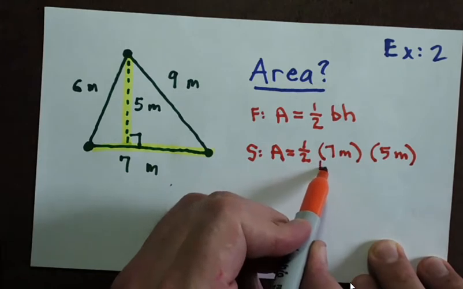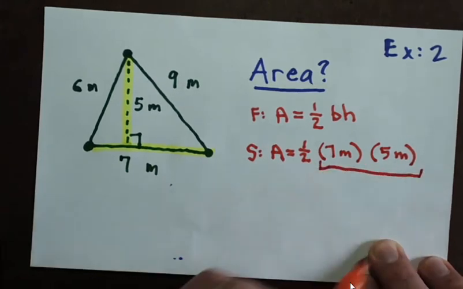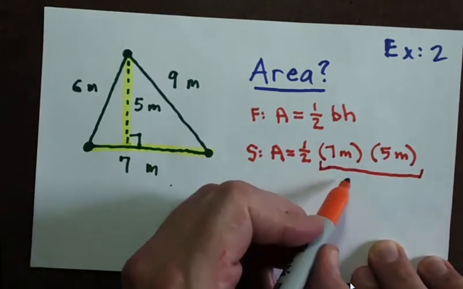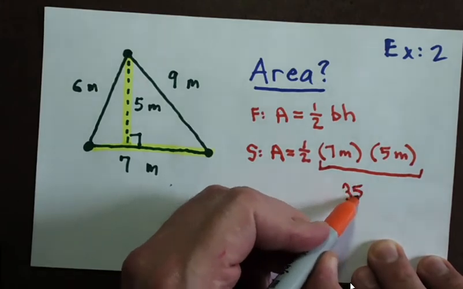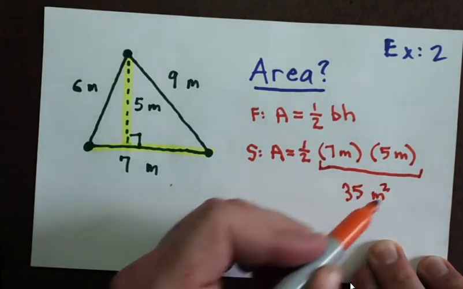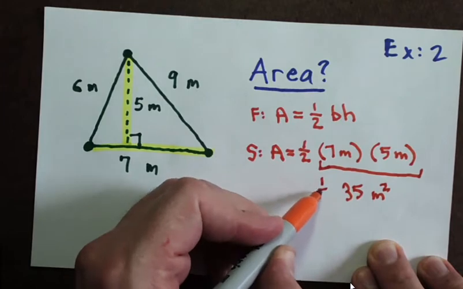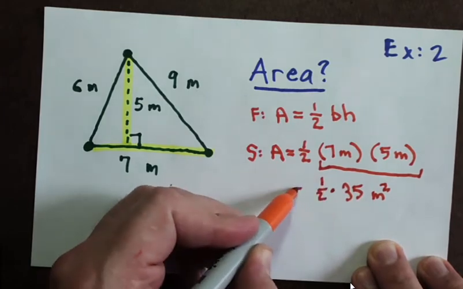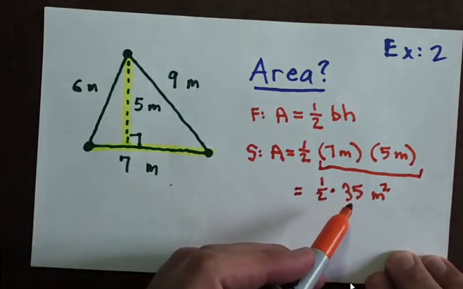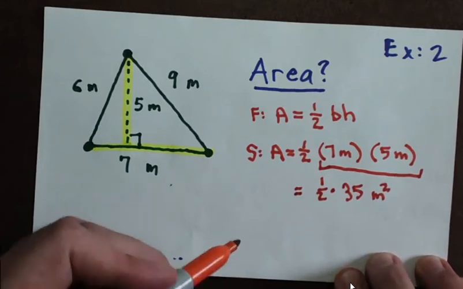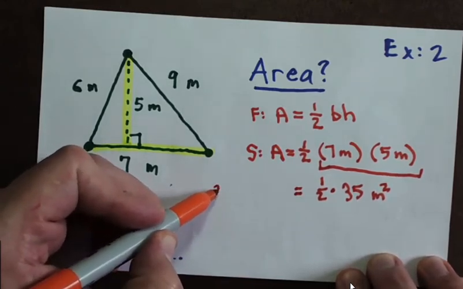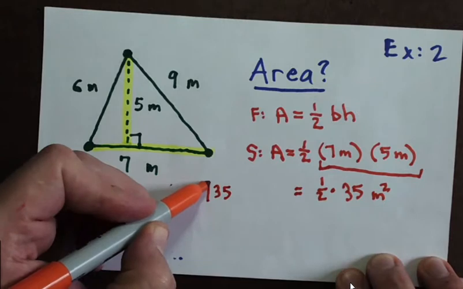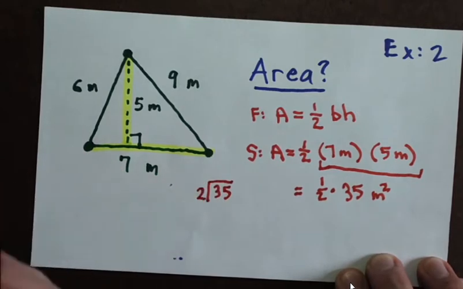Now we're going to solve. So we're going to start with that. 7 meters times 5 meters is 35 meters squared. Bring down the 1/2. Okay, now we just got to find 1/2 of 35. So what we can do off to the side here is we can show a little work. Say I got 35, and I want to divide it in half.